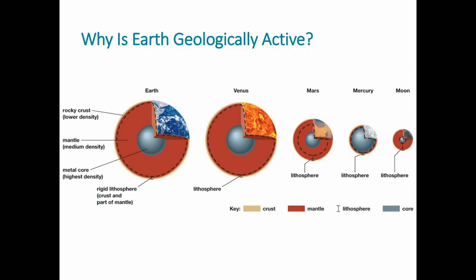It's still made out of rock, so it's not necessarily a liquid, but it's rock that is capable of deforming and moving because it's very hot and under a lot of pressure. Mercury and the Moon don't have that mantle of rock that can move, basically.